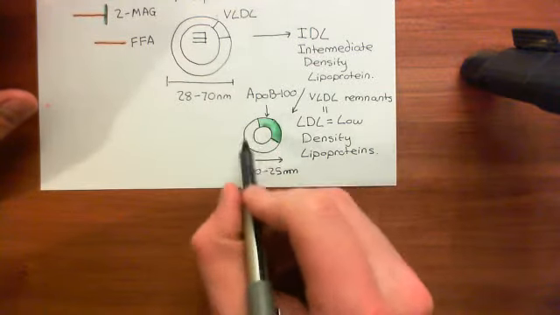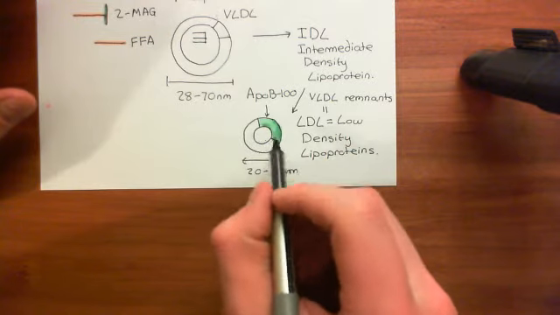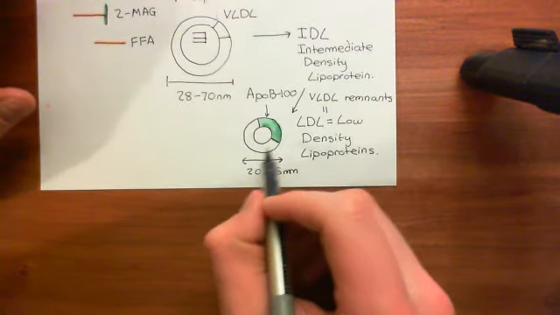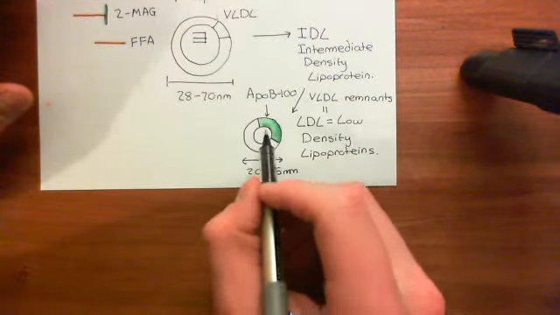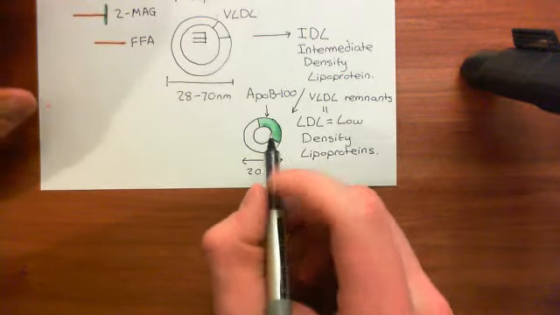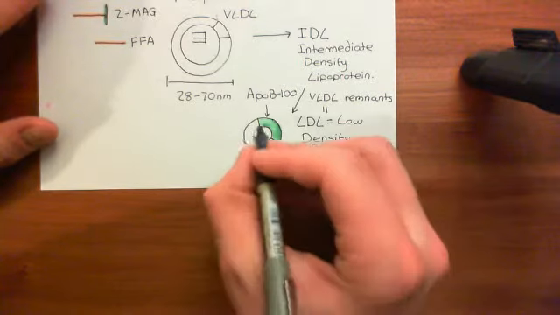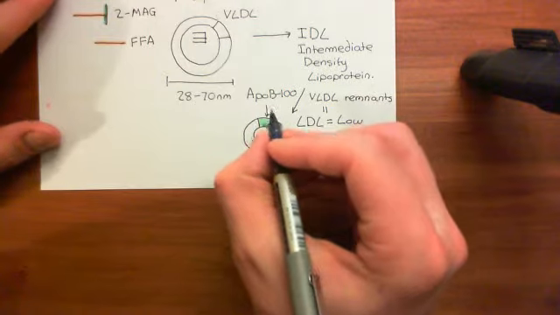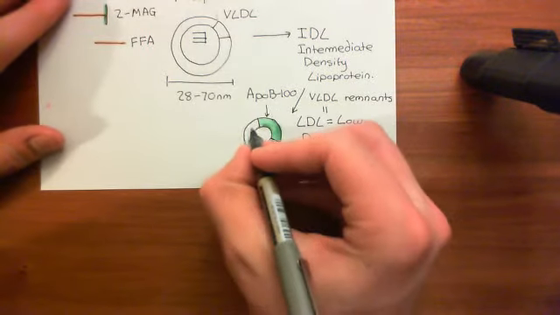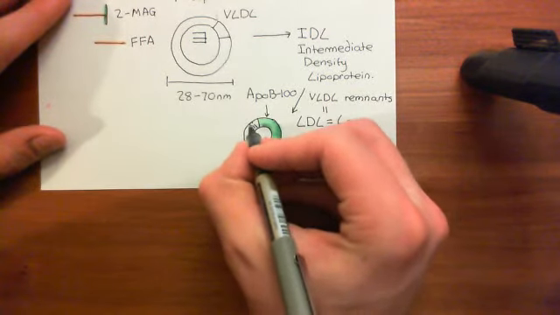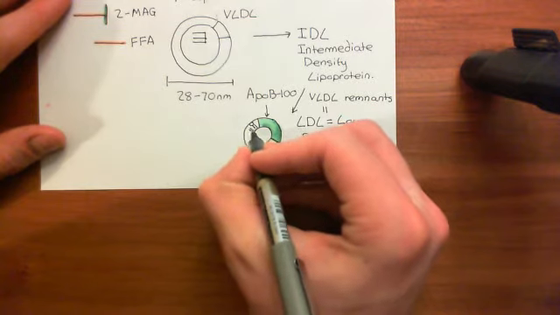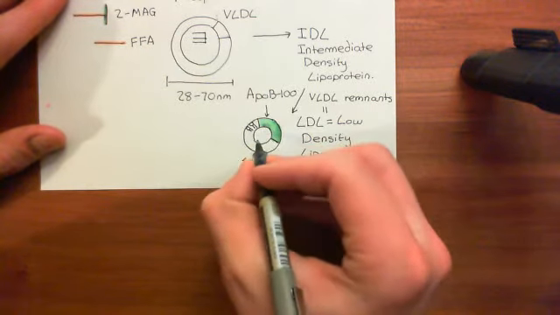It's the only apolipoprotein that the LDL molecule has room for. It's a big, big giant of the apolipoproteins. So LDL molecules have a single apolipoprotein within their phospholipid monolayer, and this is apolipoprotein B100, and they have one of those.